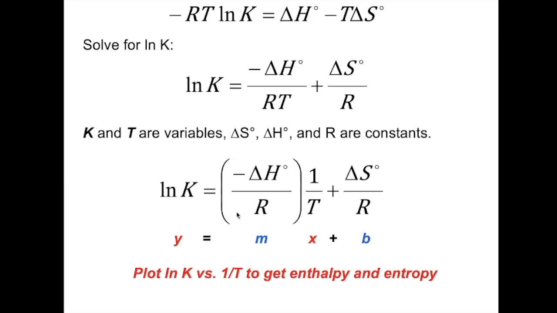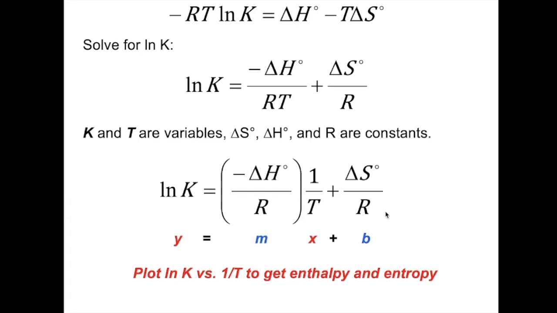M is your slope. B is your y-intercept. R is a constant. It means I can now look at a plot of a straight line made by ln k and 1 over t, and I can talk about the enthalpic value, the heat, based on the slope.